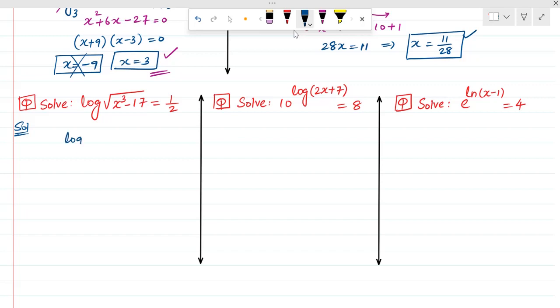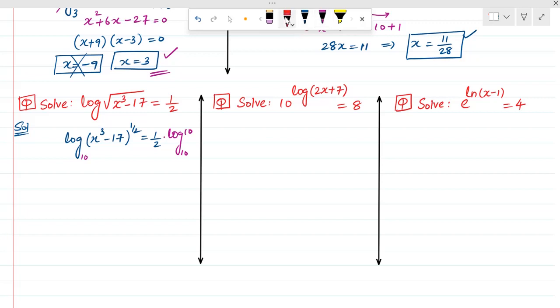First of all, I will write the root as power 1 over 2, and the right side is 1 over 2. Since there is no log function on the right side, I have to add the log function. What is the base? It is base 10.